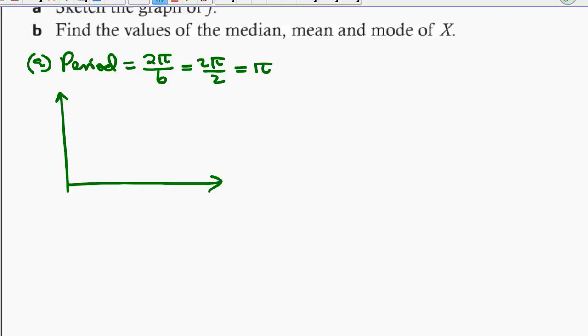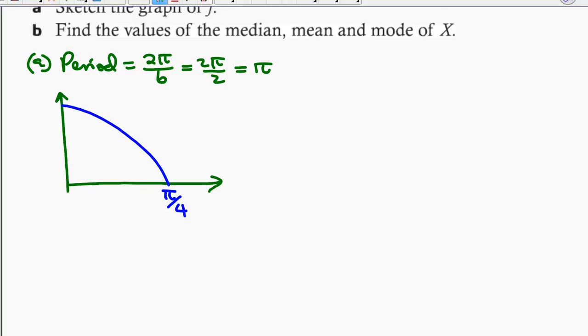If you divide pi by 4, that means the function will be cutting the x-axis at pi over 4. Because if the period is pi, divide by 4, you're going to end up with this. Remember, it's a cosine function. All right.